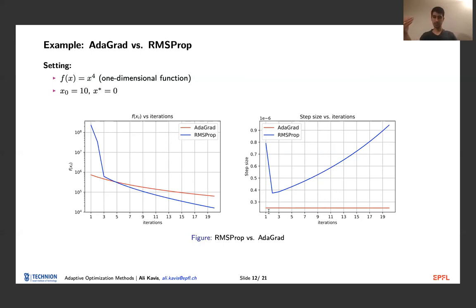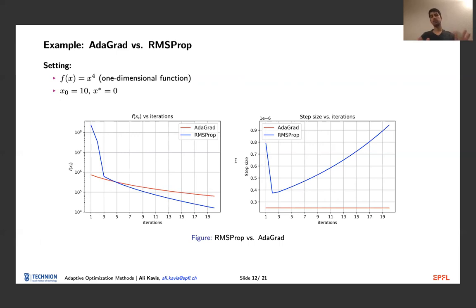Since it keeps seeing large gradients, it's going to accumulate them, and its step size decreases. But RMSprop, what it does is it actually recovers. It can actually increase the step size if the newly observed gradients have relatively smaller magnitudes than the previous ones. So this may eventually lead to a better convergence for RMSprop.